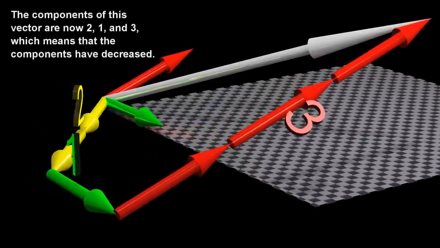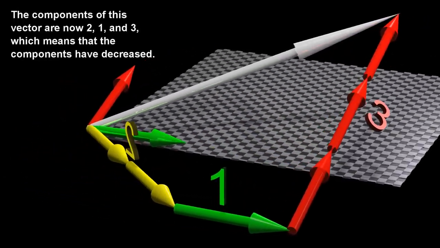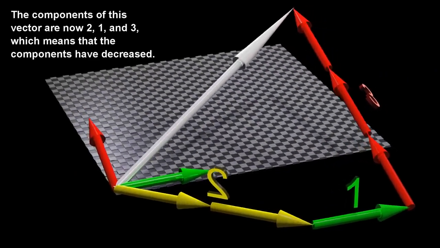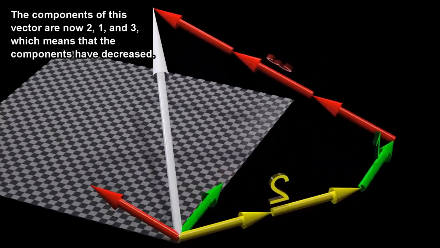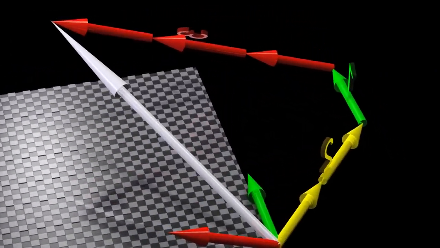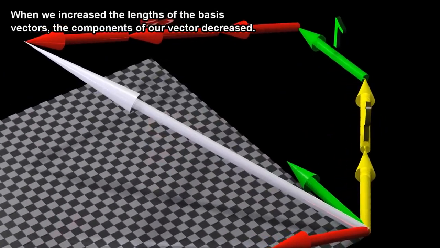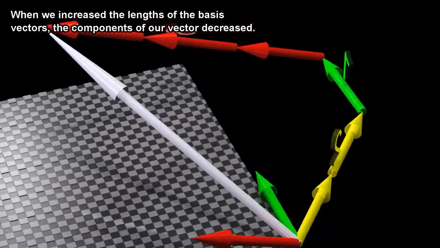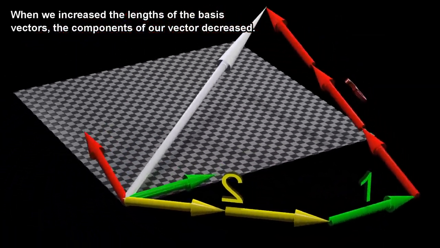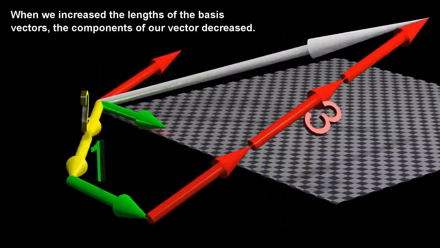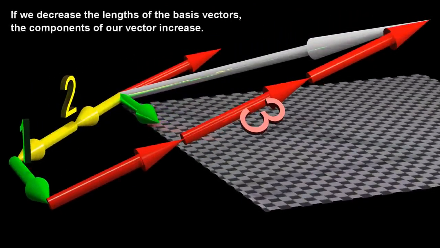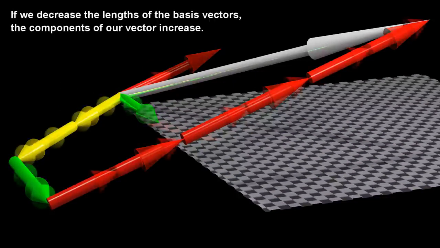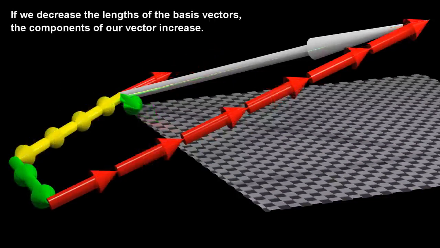The components of this vector are now 2, 1, and 3, which means that the components have decreased. When we increased the lengths of the basis vectors, the components of our vector decreased. If we decrease the lengths of the basis vectors, the components of our vector increase.